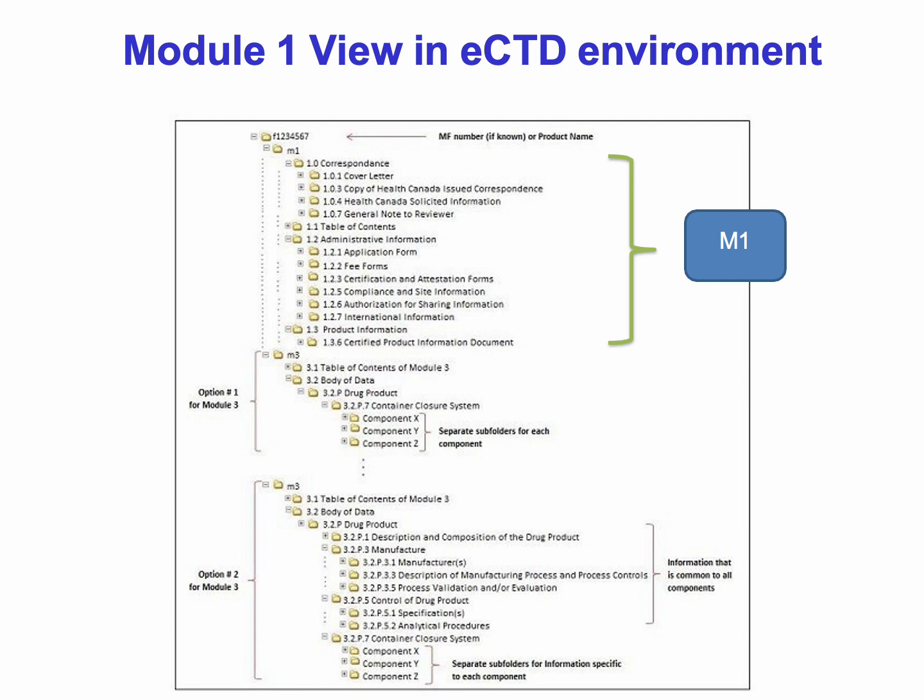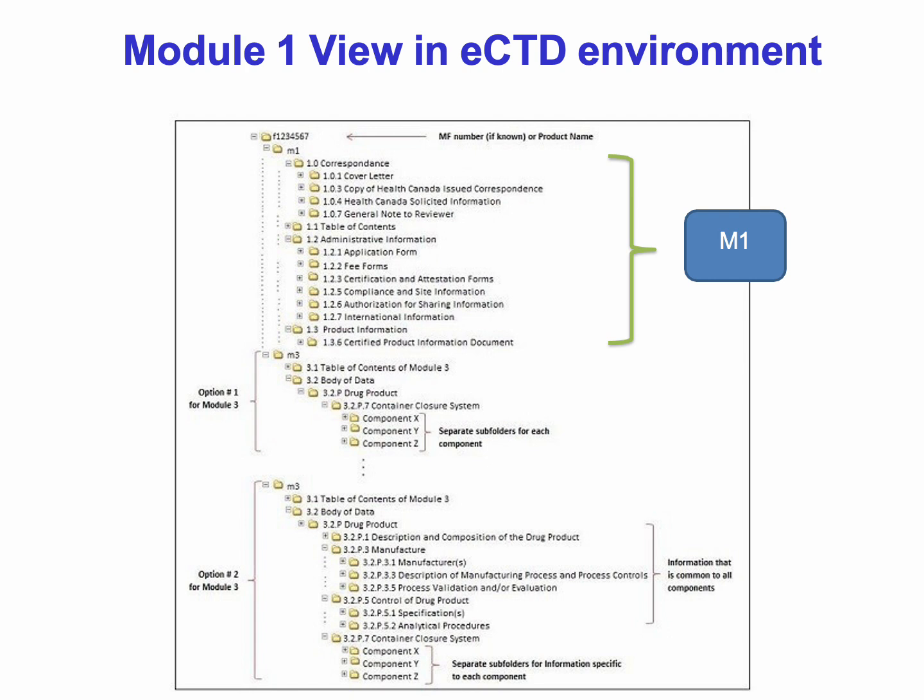Then you have module 101, which is where you have to put the cover letter in that folder or in that submodule. Then we have, for example, 103, copy of Health Canada issued correspondence. So we see that this is the module 1 required by Health Canada.